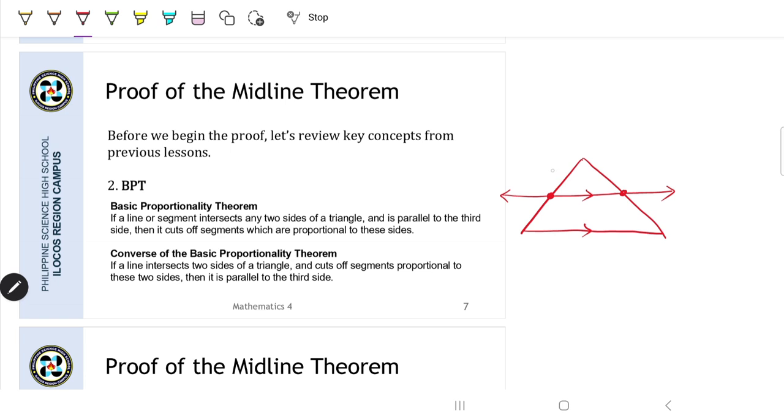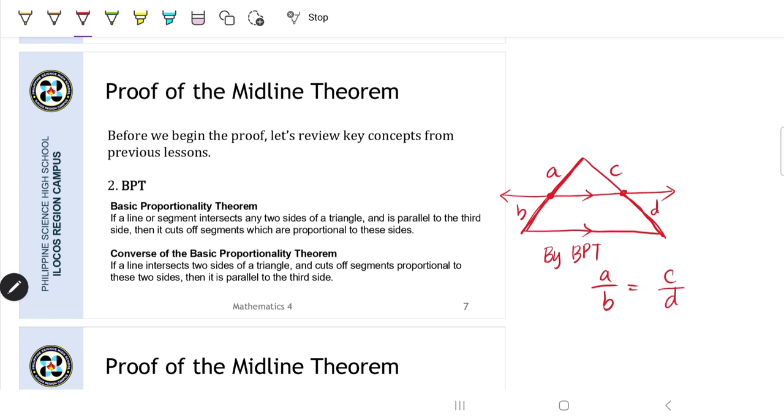So, ibig sabihin, if this is the segment A, this is segment B, and this is segment C, and this is segment D. So, the proportion that applies by BPT is A over B should be equal to C over D.